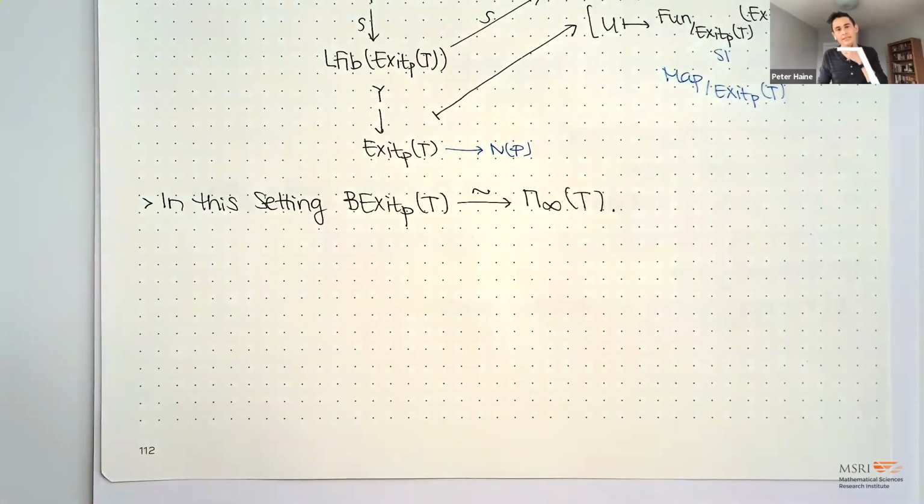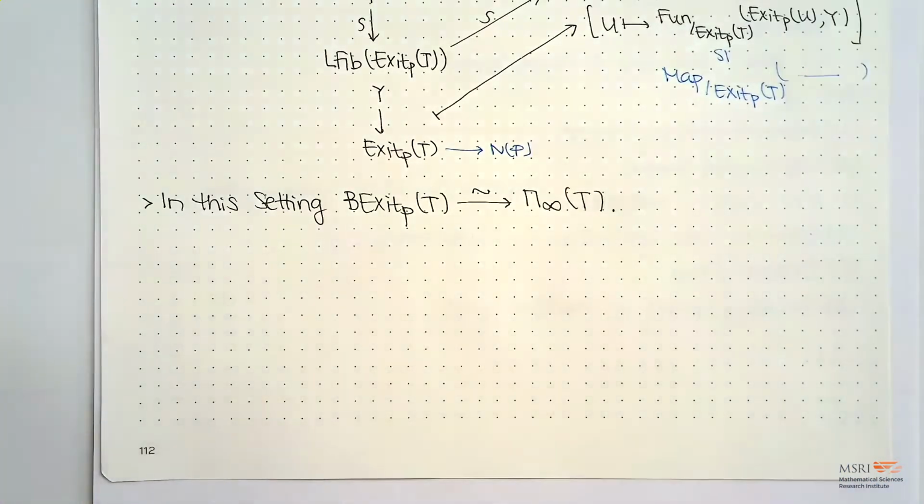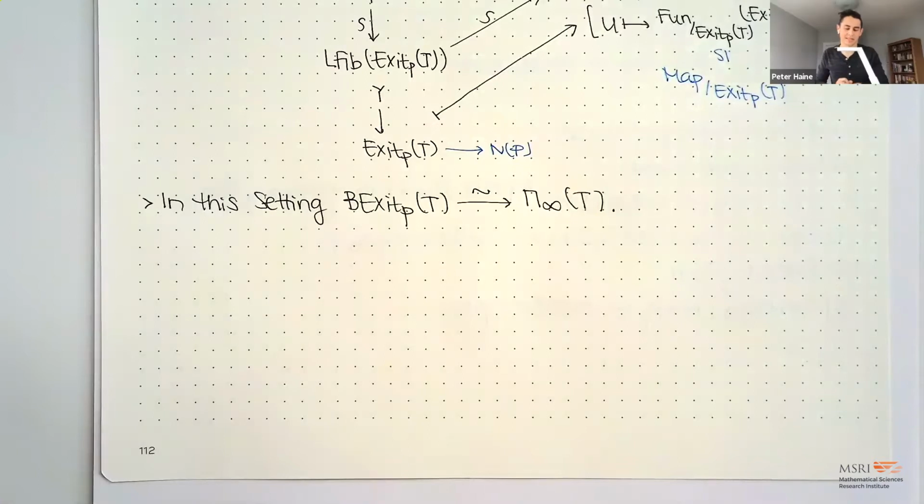And then you automatically get an adjunction between presheaves on the exit path category and constructible sheaves. I find it from afar surprising that this topos of constructible sheaves would be free, in the sense that it's the free cocompletion of something. I see no conceptual reason for that other than it's just true. Yeah, it's pretty surprising.